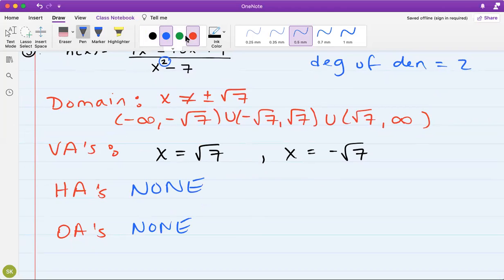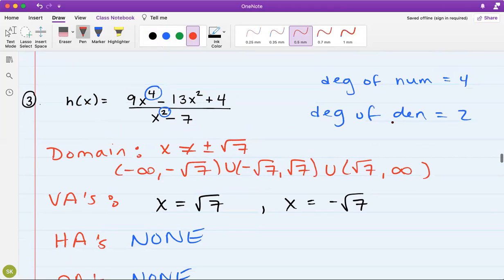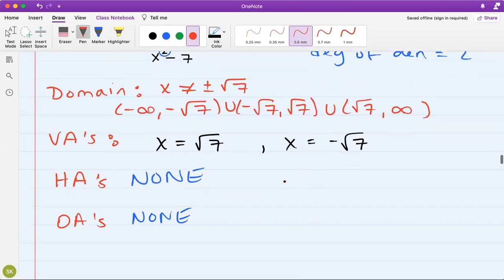But I do want to mention that this graph, when we graph it, will resemble a particular function at the ends. It's going to resemble the power function.